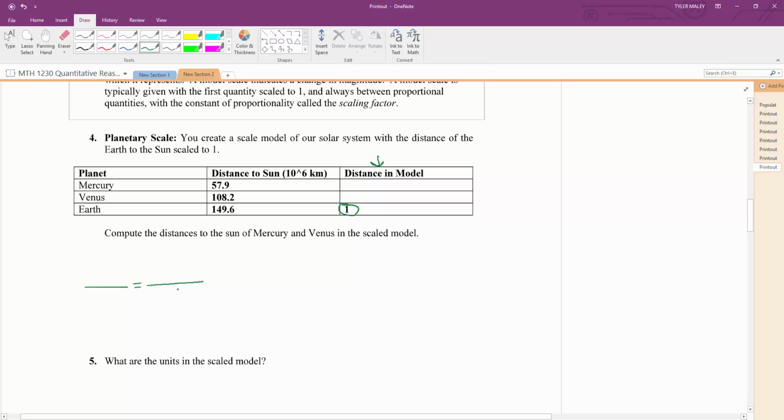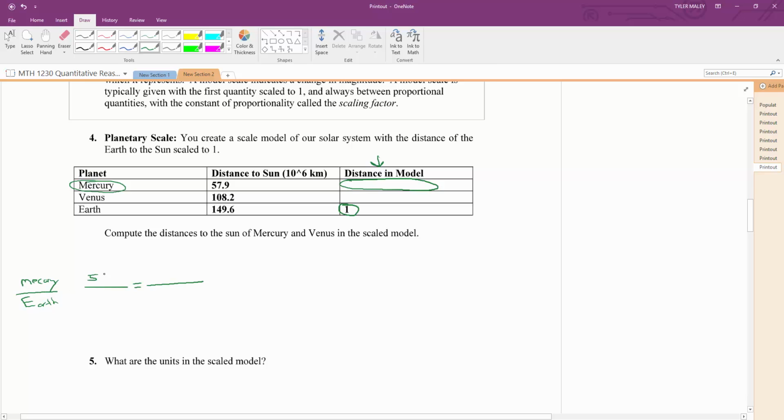So if we focus on Mercury, trying to fill in this top blank, we could go Mercury's distance to the Earth's.